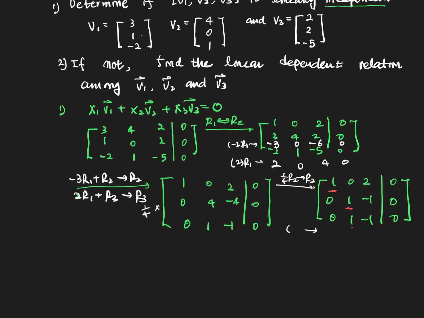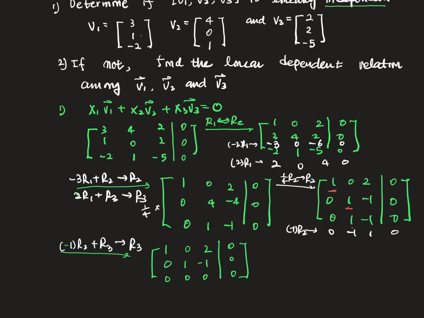You have negative 1 R2: 0, negative 1, 1, and 0. So that operation is negative 1 R2 plus R3 going to R3. So you have a new one: 1, 0, 2, 0, 1, negative 1, 0, 0, 0, 0, 0, 0.